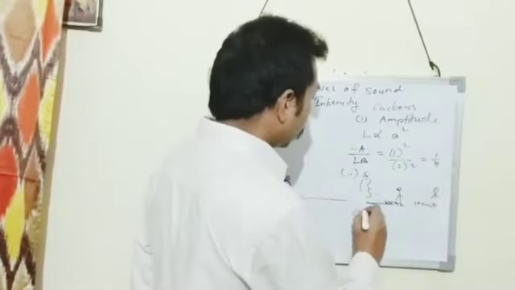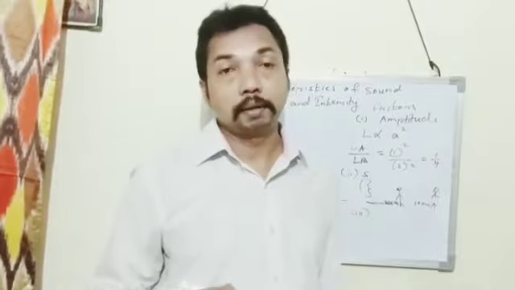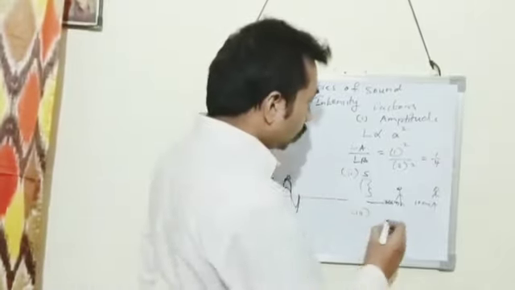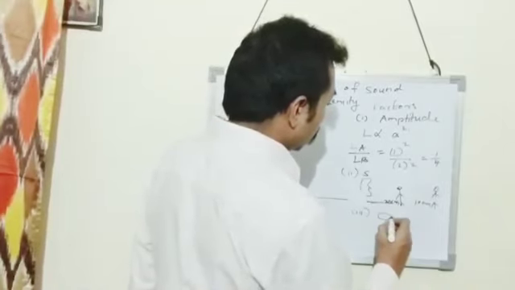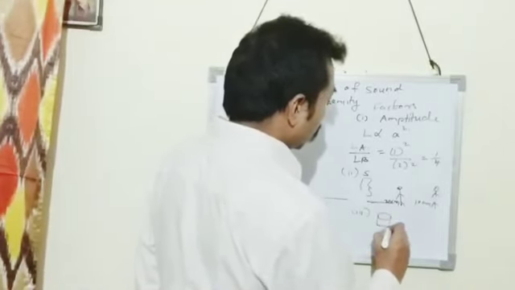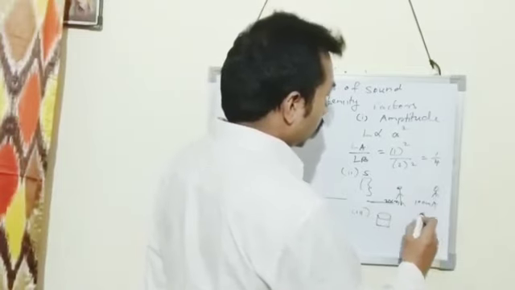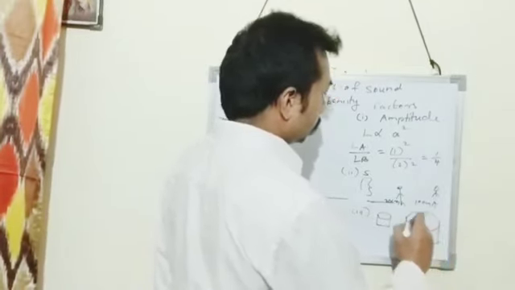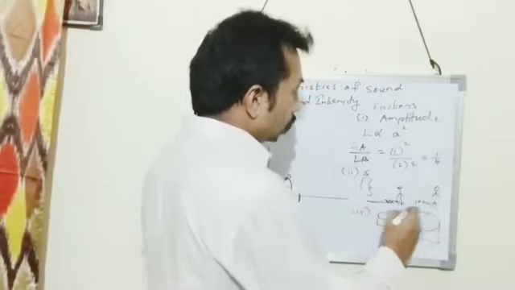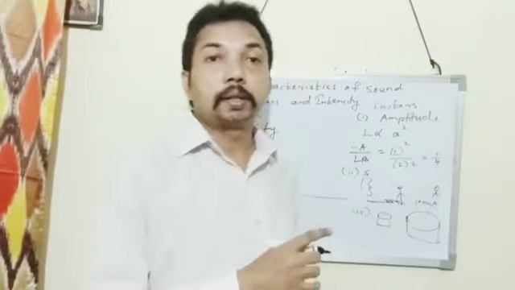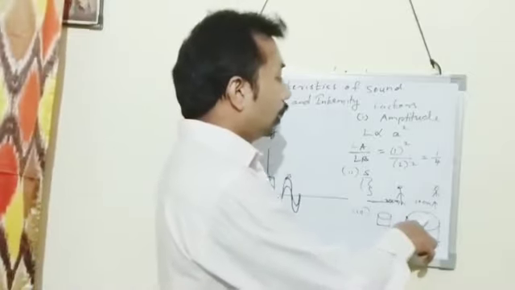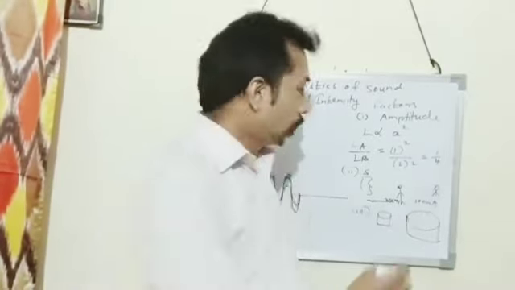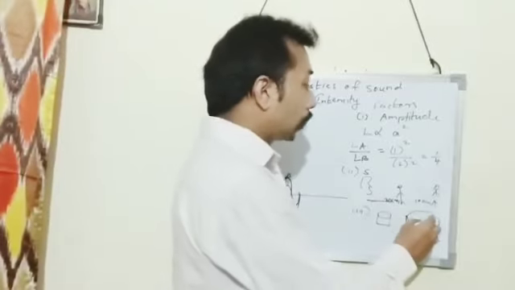Now the next factor is the surface area of the vibrating body. Suppose that there are two drums, one of smaller surface area and another of larger surface area. Striking the membrane of both drums by hitting with a rigid object, which will produce the louder sound?